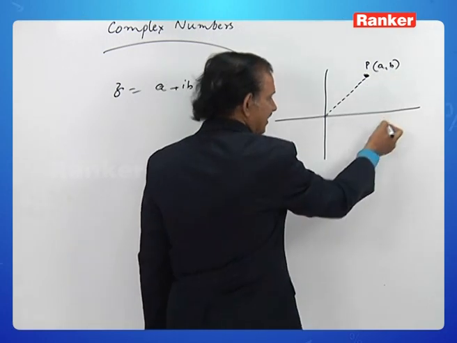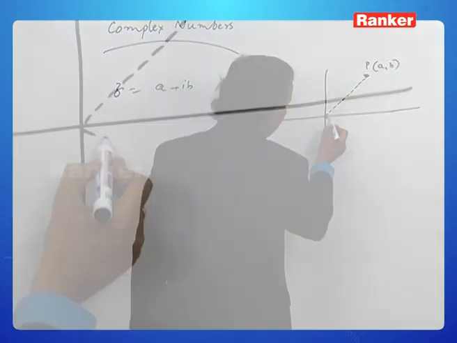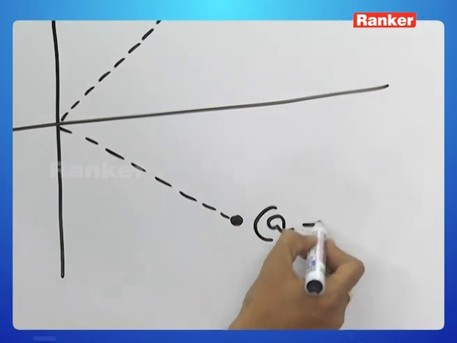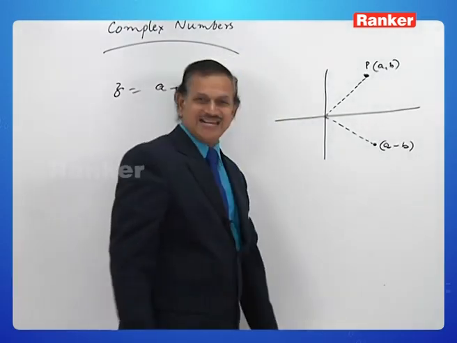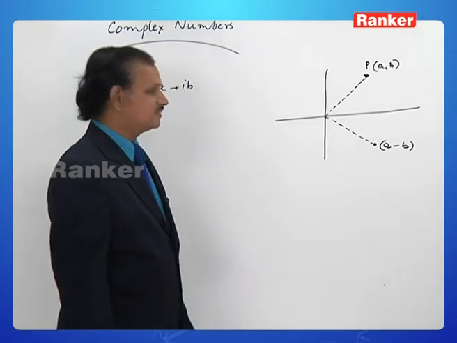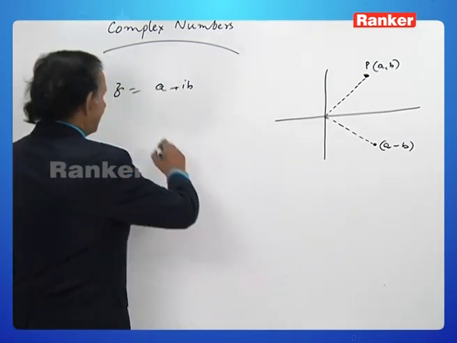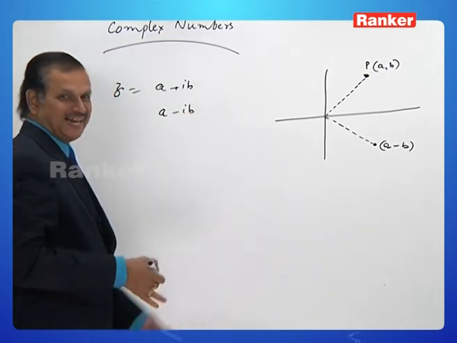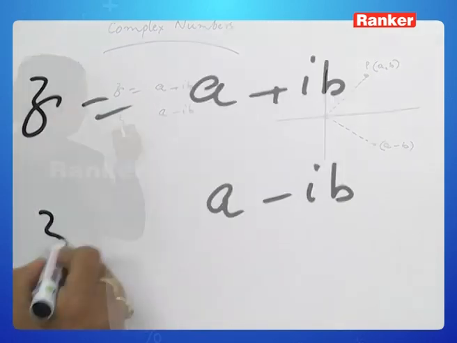Observe its image in the x-axis. It is just nothing but a comma minus b, isn't it? Now you produce the complex number a minus ib. Let me name it z bar.